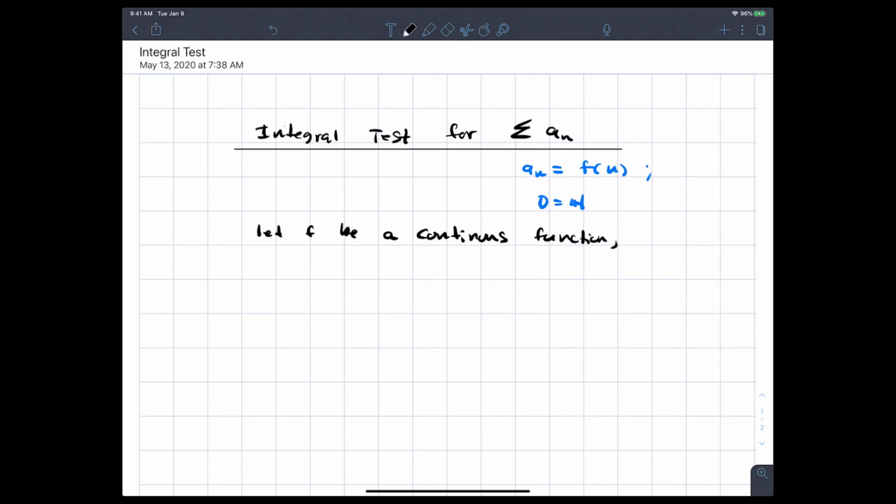It also has to be a decreasing function, and it needs to be a positive function, over the interval from 1 to infinity.